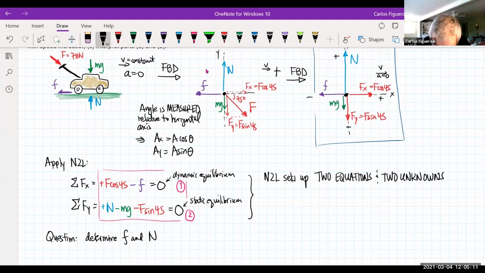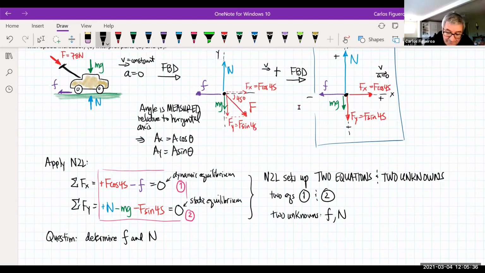I have two equations, which I write 1 and 2, and my two unknowns, in this case, are going to be friction and the normal. So that's what I have to solve for.